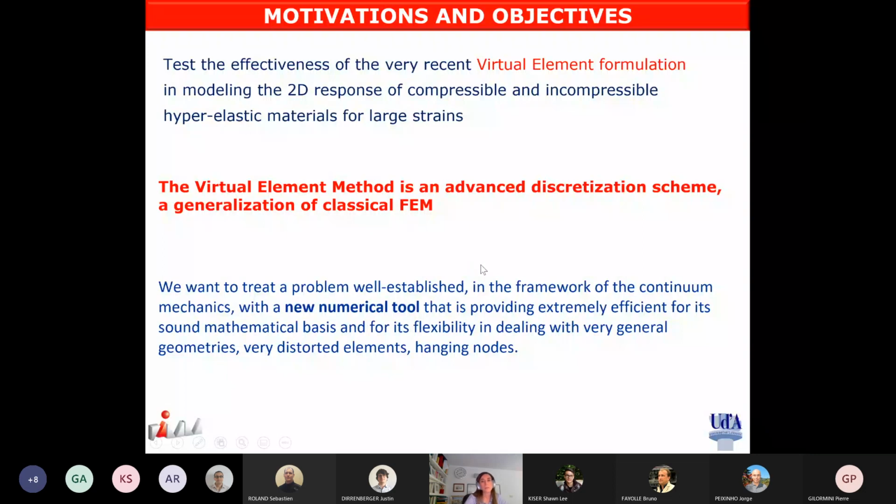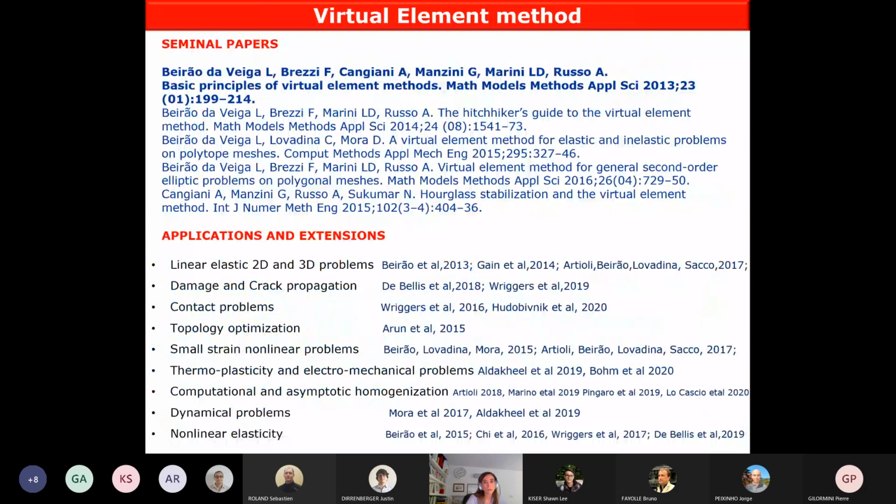The VEM, this method, was first proposed 8 years ago by Franco Brezzi, a very famous mathematician from Pavia, and his co-workers. Here I show you some seminal papers that are mostly devoted to Poisson equations in 2D and problems with small strain elasticity.